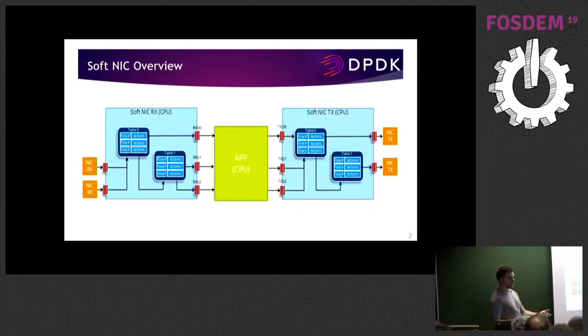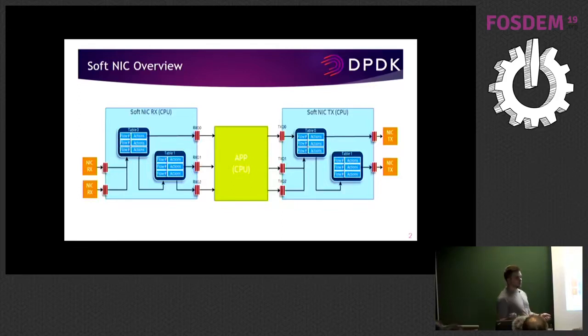If a packet matches that rule, an action is applied to the rule. That rule then decides where the packet's going to go next. So this can be either to another table or to an outbound port, which in this case is a software queue. So let's just take the easier option. It's going to go through to a software queue. Then it's ready for the application.